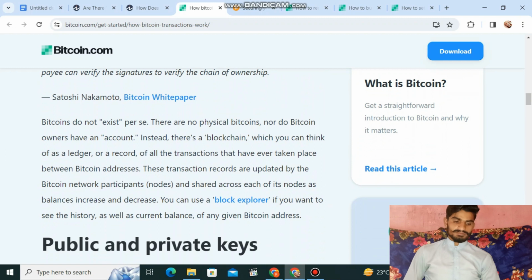Bitcoin does not exist per se. There are no physical Bitcoin, nor do Bitcoin owners have an account.